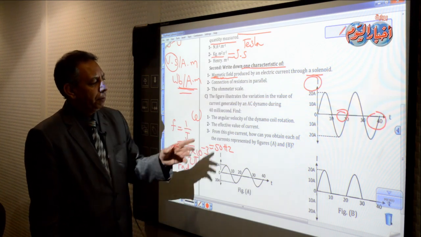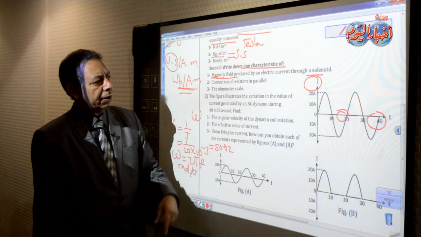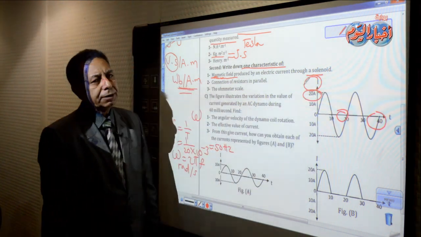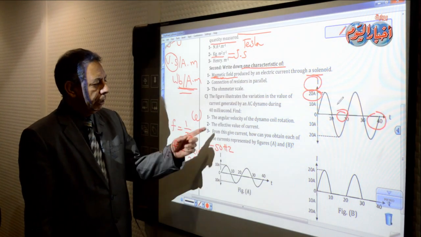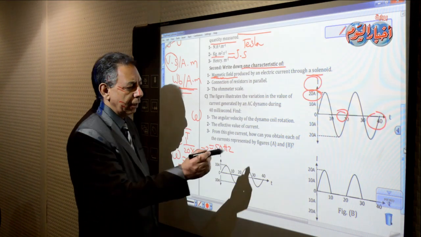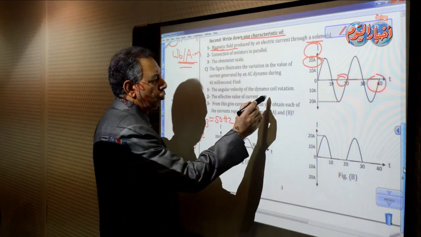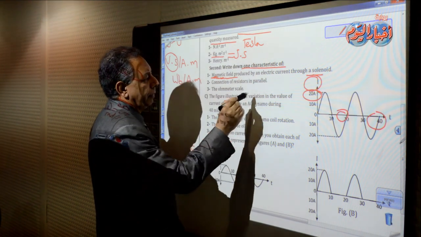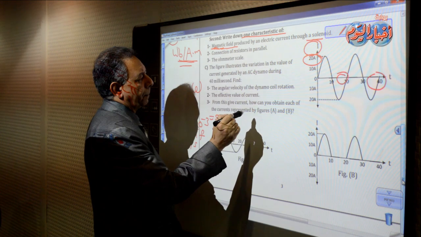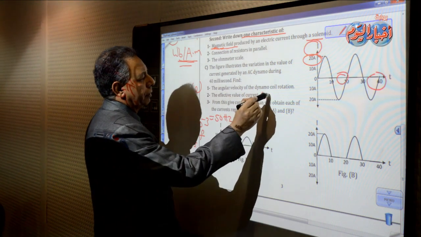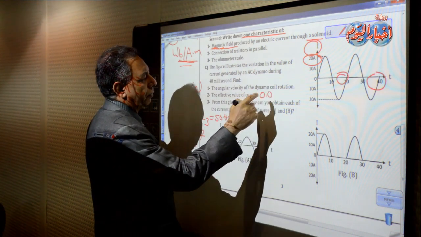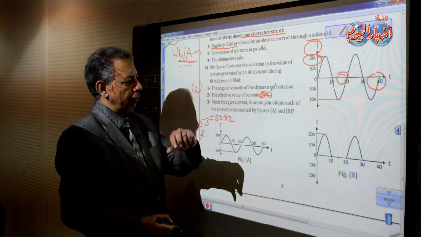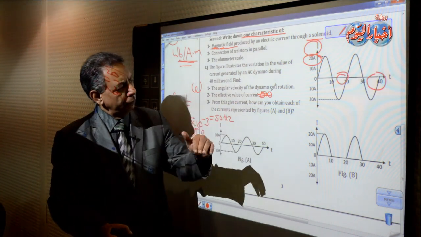The next part of the problem: what is the effective value of the current? That is the maximum value, 20 amperes. But here we need the effective value. To find the effective value, we are going to multiply by 0.707.